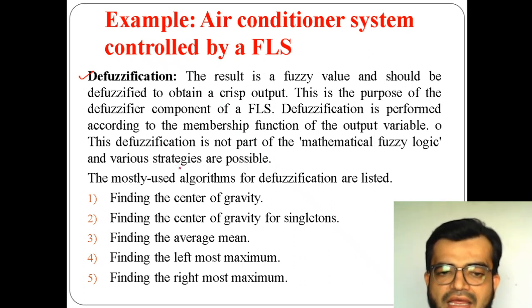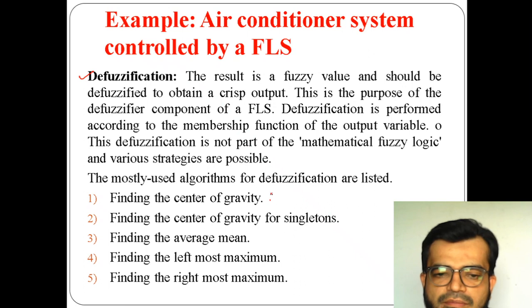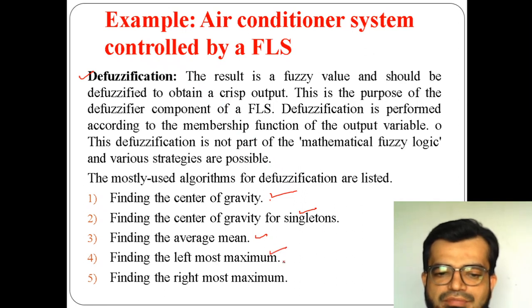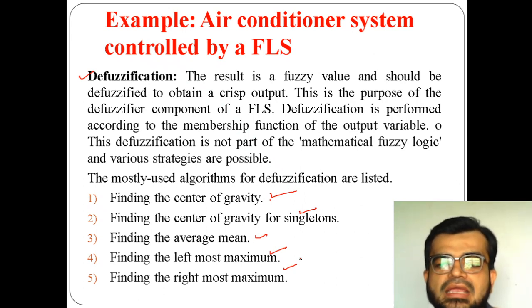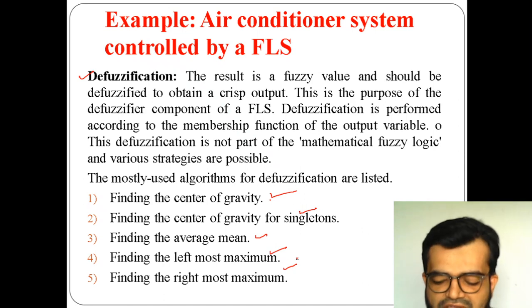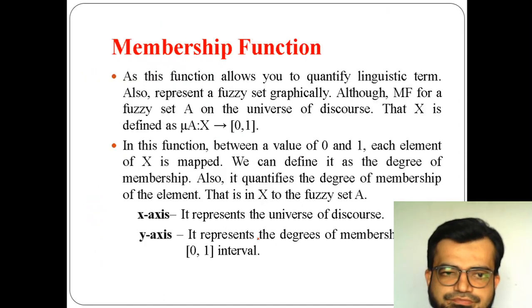Mostly, you can perform defuzzification by center of gravity, center of gravity for singleton, finding the average mean, and finding the rightmost maximum. These are the methods by which you can perform defuzzification. Defuzzification means converting the fuzzy output set into crisp data.